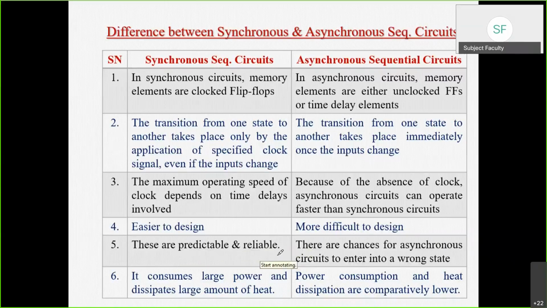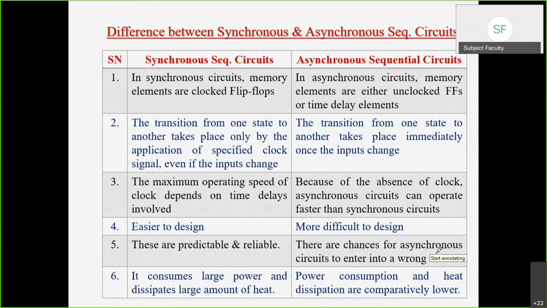You can trust this circuit, and you can also predict the output. These circuits are predictable and reliable because nothing is random here. All states, all movements, all activities are happening in synchronization.